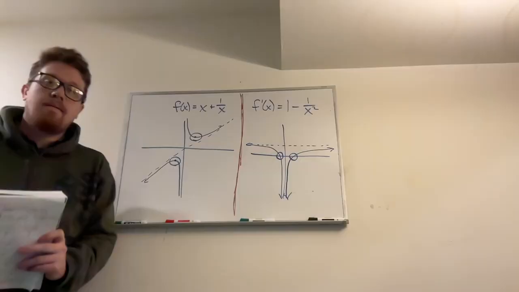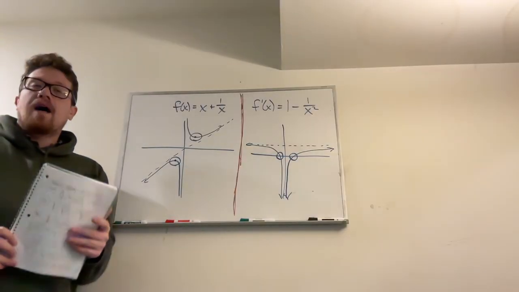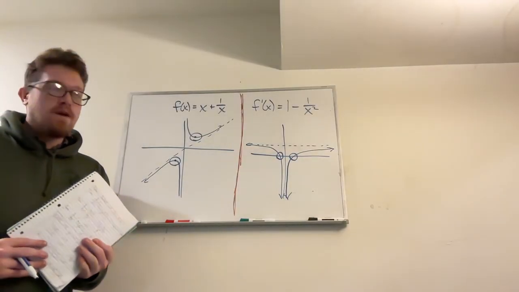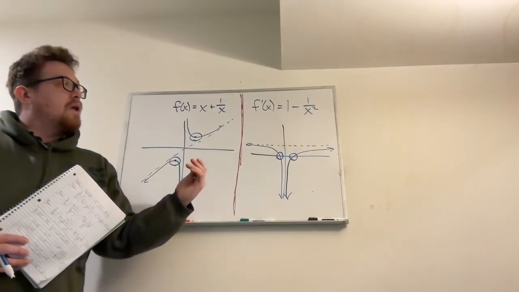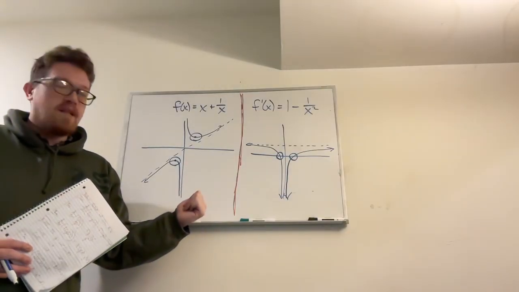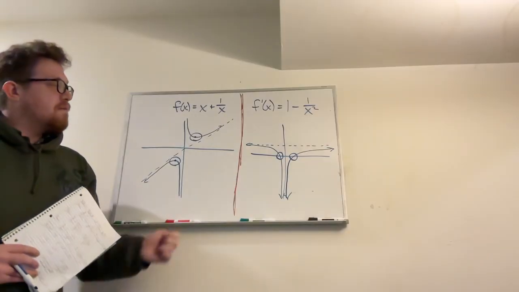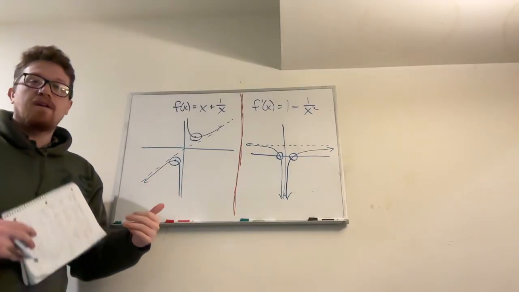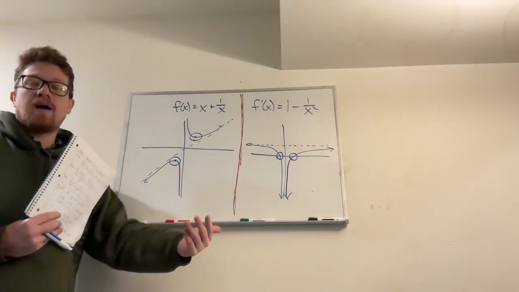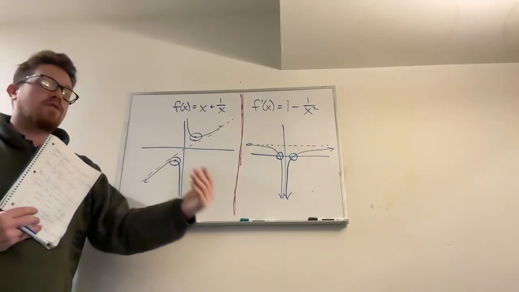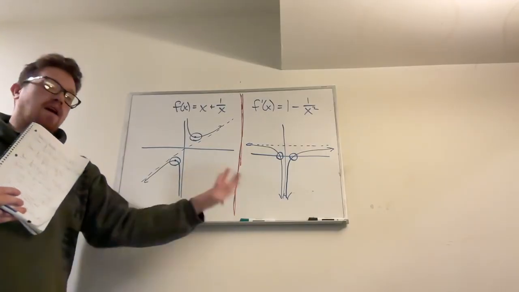And yeah, that's a very common theme for some of these problems. It'll give you a function and ask you to find the derivative, find the critical points. For each critical point, you're going to determine, is this a local minimum, a local maximum, a global minimum, a global maximum, or none of these things?